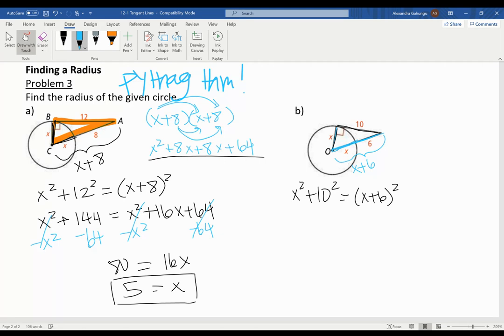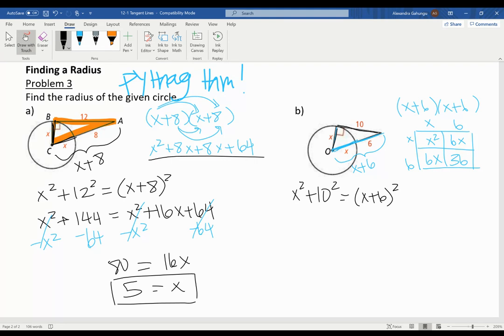Now the other way to multiply x plus 6 squared, it's still x plus 6 times x plus 6, but you can use the box, and you put x plus 6 on the top, x plus 6 on the bottom. So x times x, x squared. x times 6, 6x, x times 6, 6x, and 6 times 6, 36.